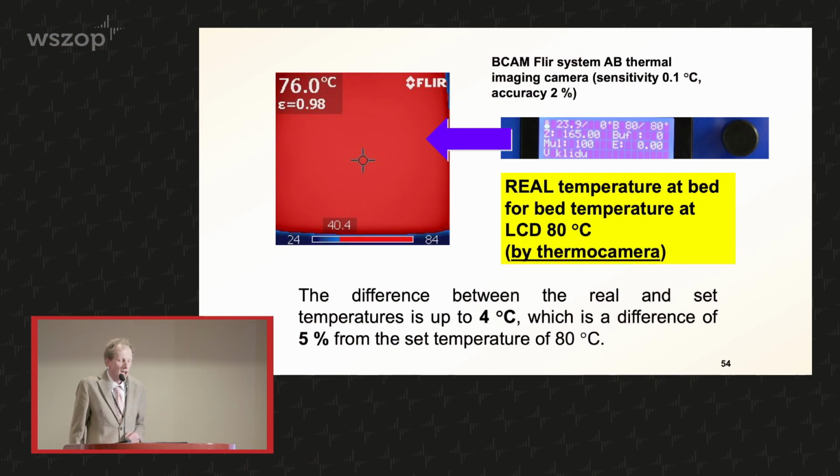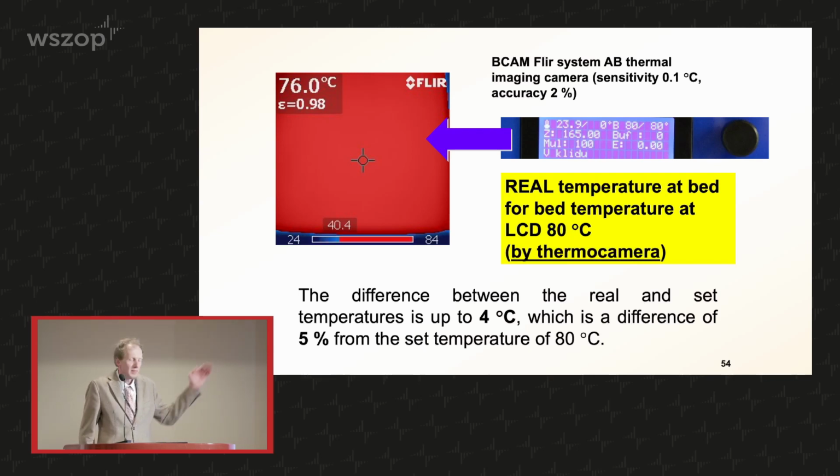And on this picture, you can see the situation for setting the heating bed temperature to 80 degrees Celsius. But the real situation, if I set 80 degrees Celsius, I obtain only 76 degrees Celsius. The difference between the real and set temperature for the specific 3D printer is up to 4 degrees Celsius, which is a difference of approximately 5%.